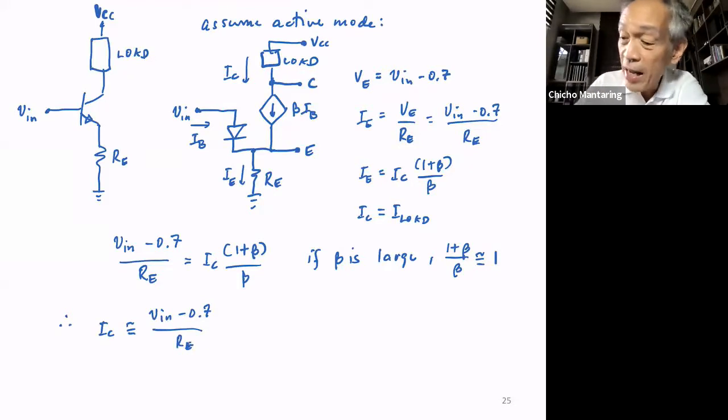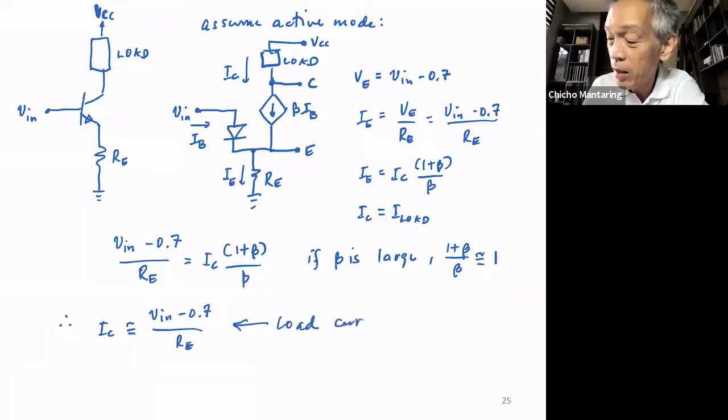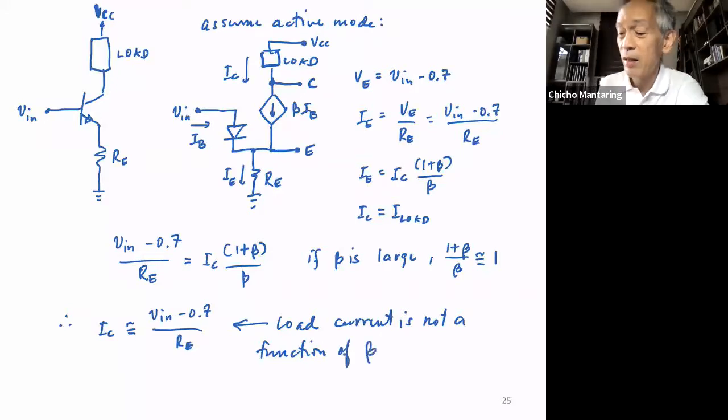Notice, I established my load current, and this is not a function of beta.